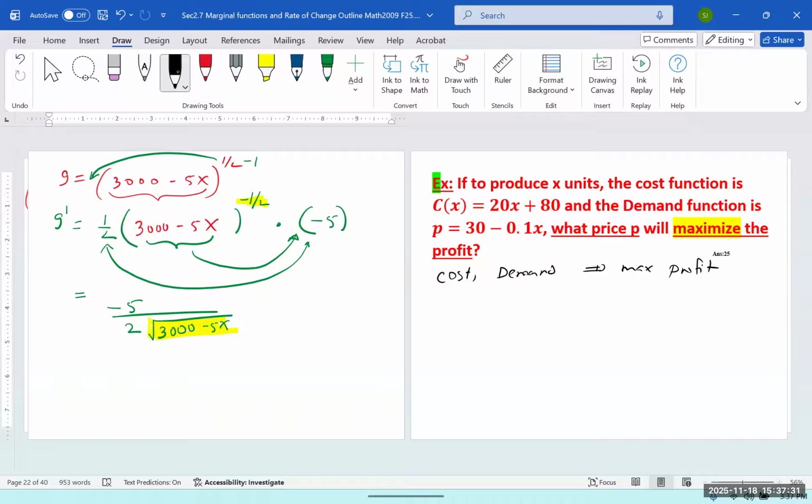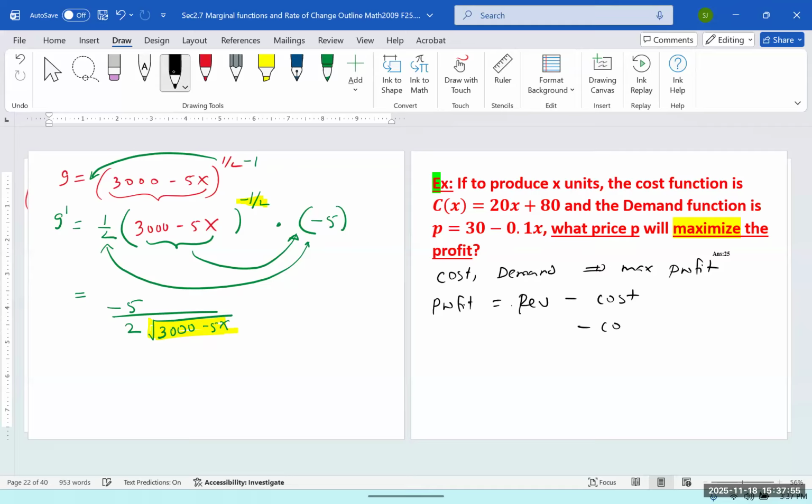Good job. Profit is revenue minus cost. Unfortunately, they did not give us revenue.